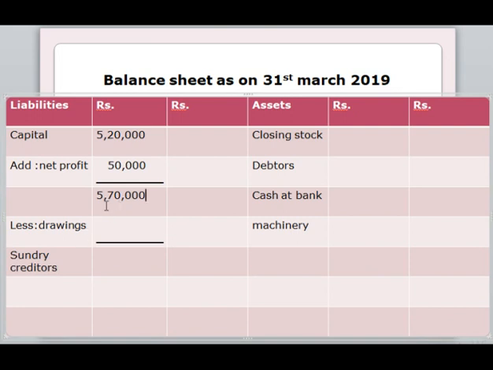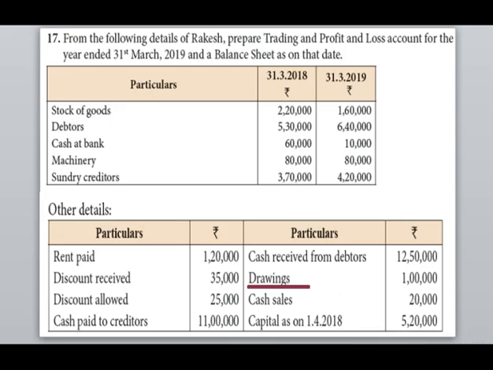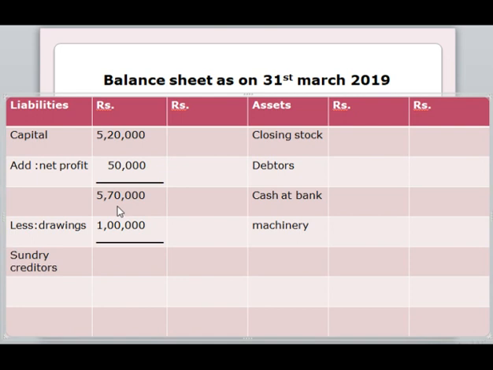Next, we have to deduct drawings from 5,70,000. The amount of drawings is 1 lakh. If we deduct 1 lakh from 5,70,000, it gives you 4,70,000.